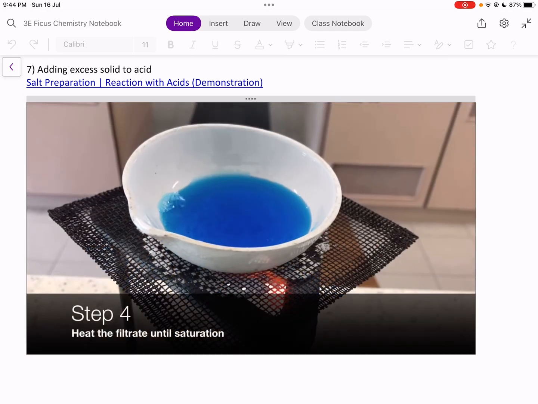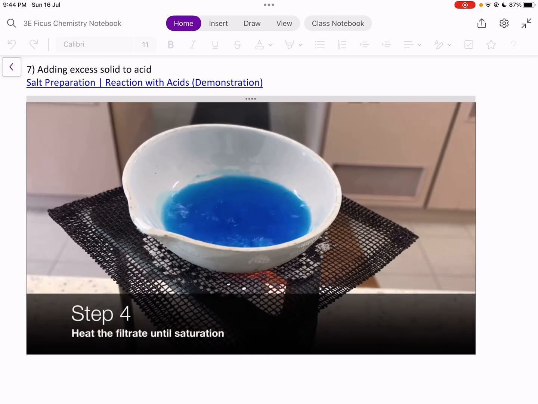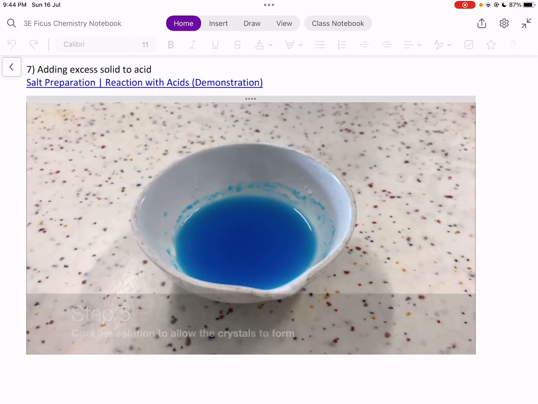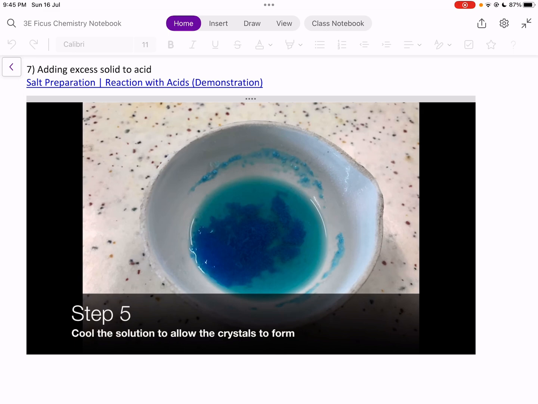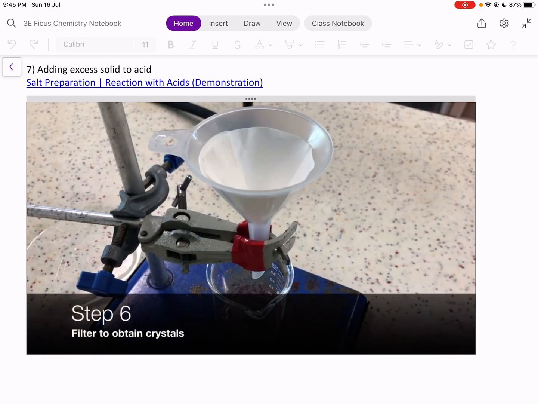Then next you heat to saturation. That means about 1/3 of the original volume. Saturation, later I explain what it means. It means maximum concentration. Then you put the crystals to let it form. Then you filter one more time.